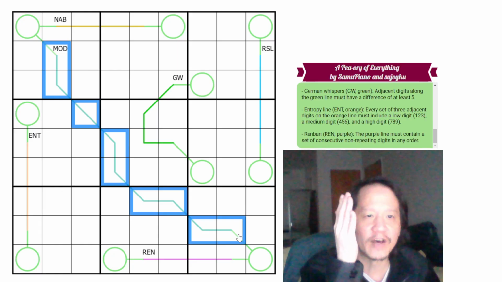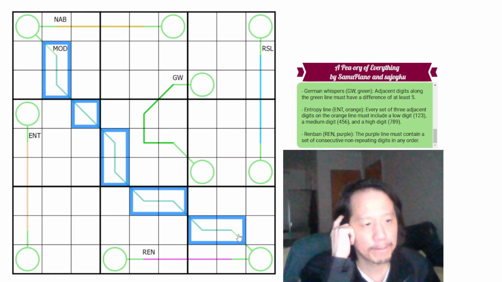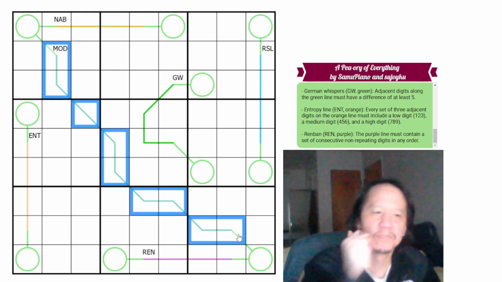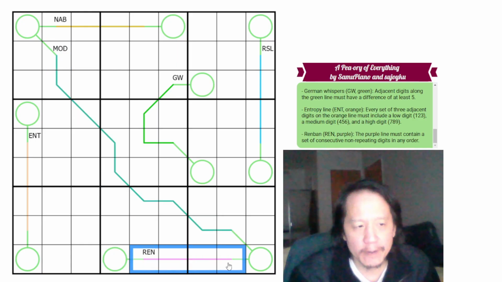The sum of that is always 0 mod 3. I don't know if that's very helpful, though. Anyways, what can this Renban be? It can only have 1, 2, 3, and 4.